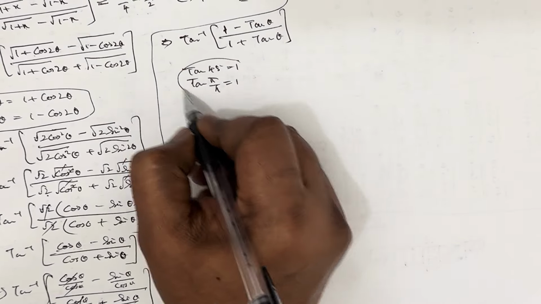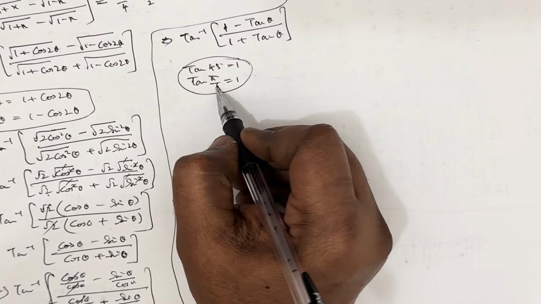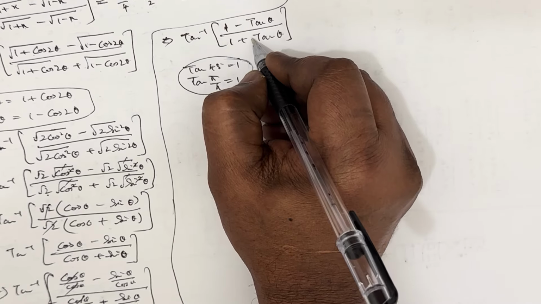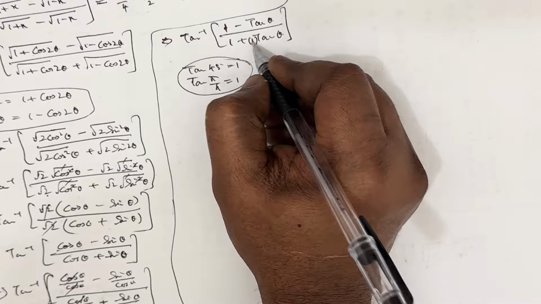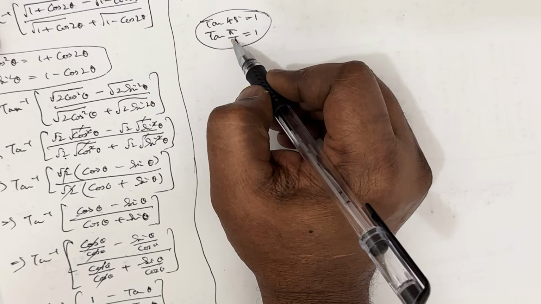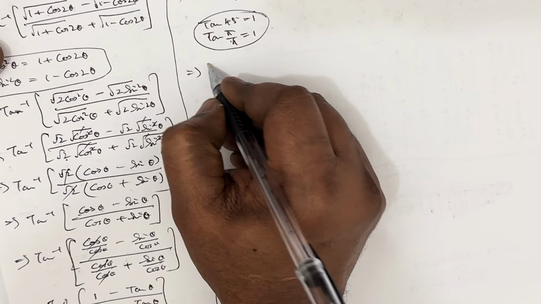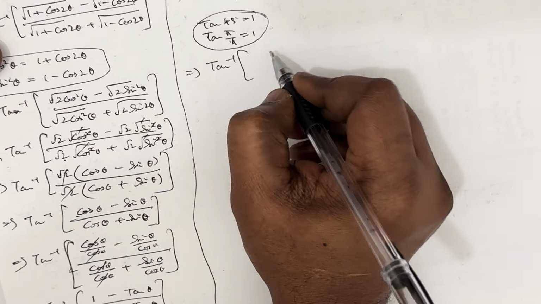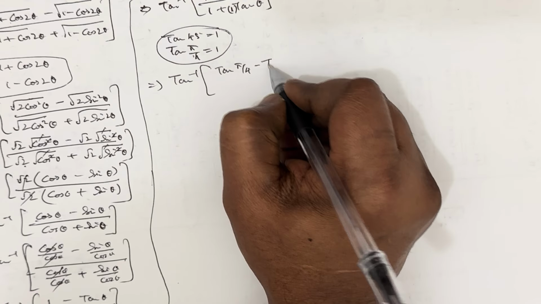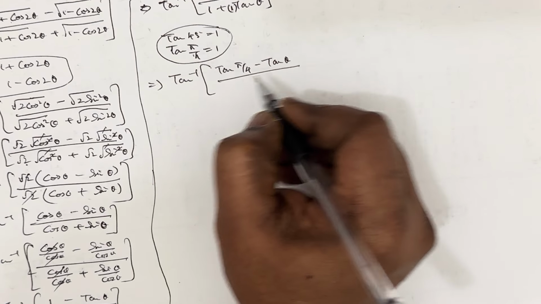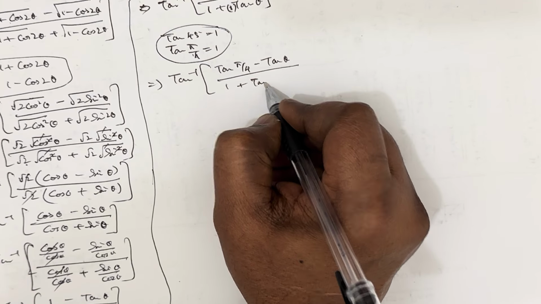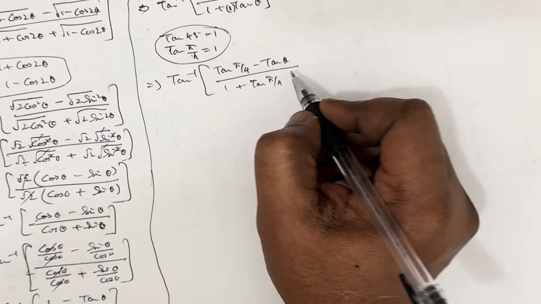So instead of 1 we'll put tan π/4, and here we multiply tan θ with 1, so 1 into tan θ is tan θ. So this becomes tan inverse of (tan π/4 − tan θ) divided by (1 + tan π/4 tan θ).